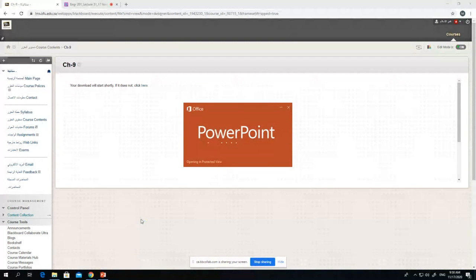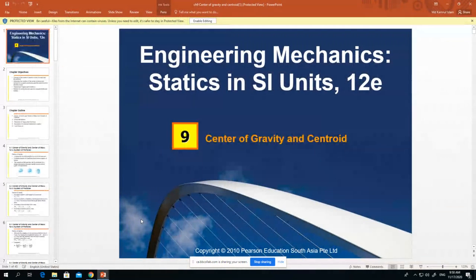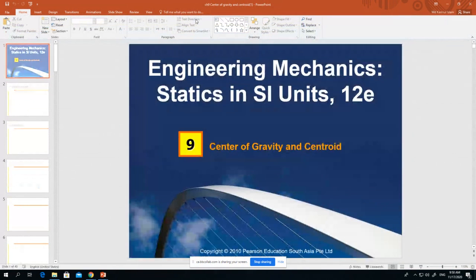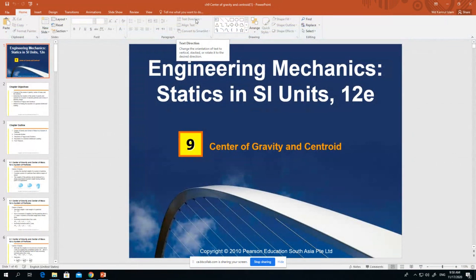So yes, it's downloading. Chapter 9 is the center of gravity and centroid.